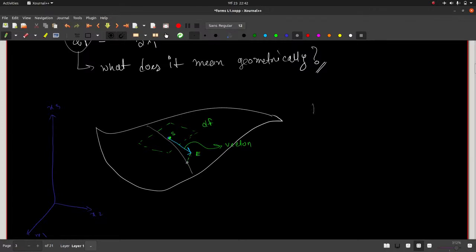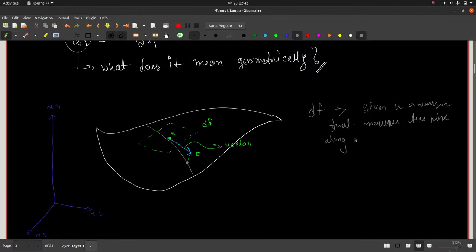So this differential form df gives you a number that measures the rise of the tangent space along the direction of the vector t, or so to say the vector of interest.